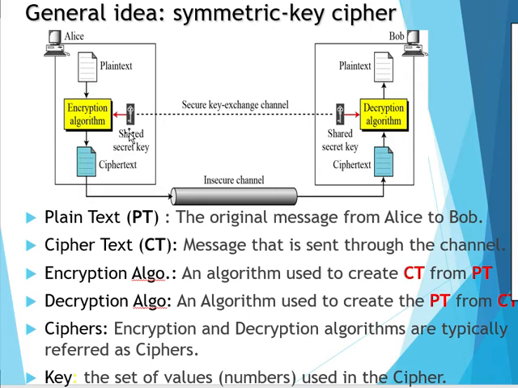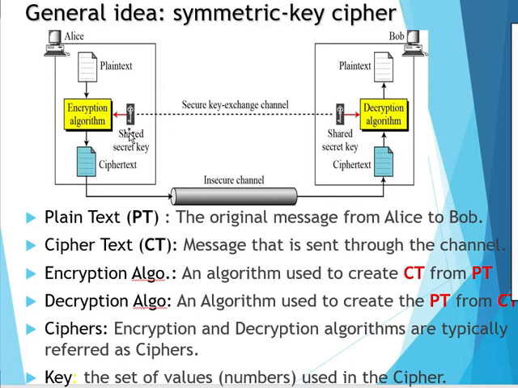A secret key, or we can say a general key, is a set of values or numbers that the cipher as an algorithm operates on. Note that symmetric key encipherment uses a single key. The key itself may be a set of values for both encryption and decryption. In addition, the encryption and decryption algorithms are inverses of each other.